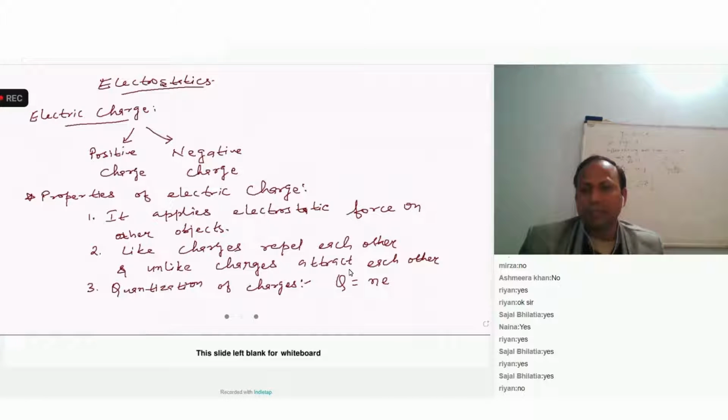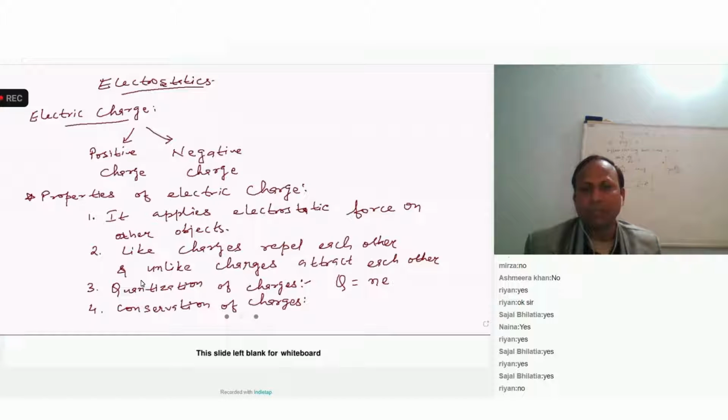Okay. Next, we will study about conservation of charge. What does it mean? Suppose there are some objects in a system, and suppose there is an interaction between those objects due to which charges can move from one object to the other.